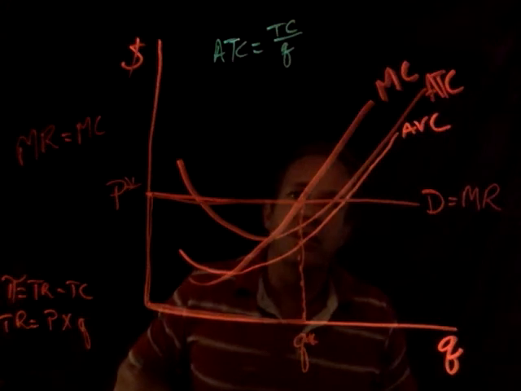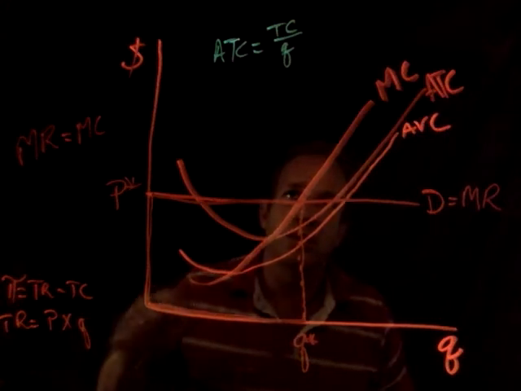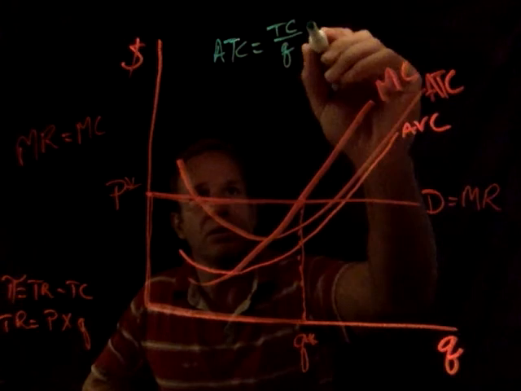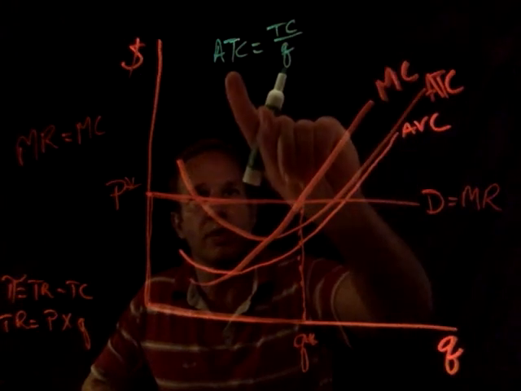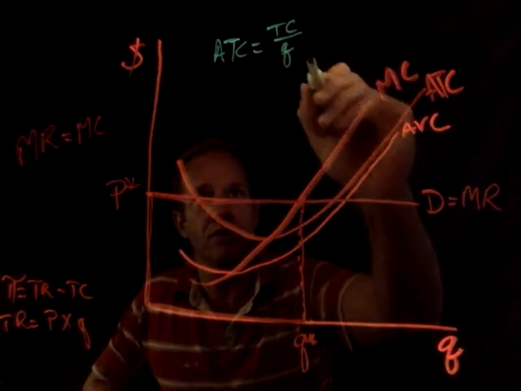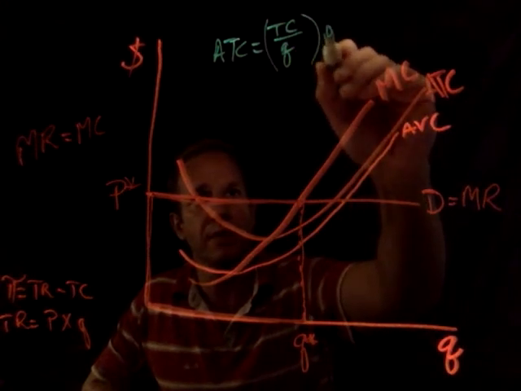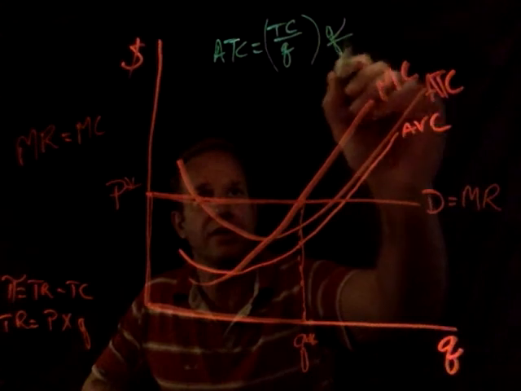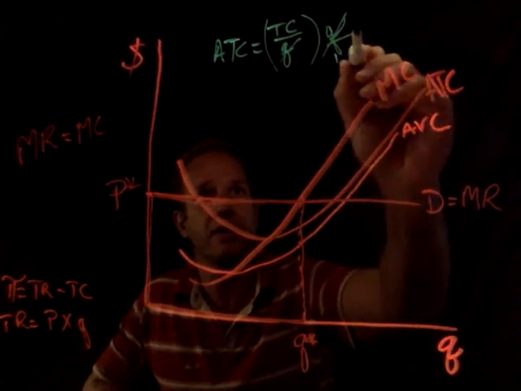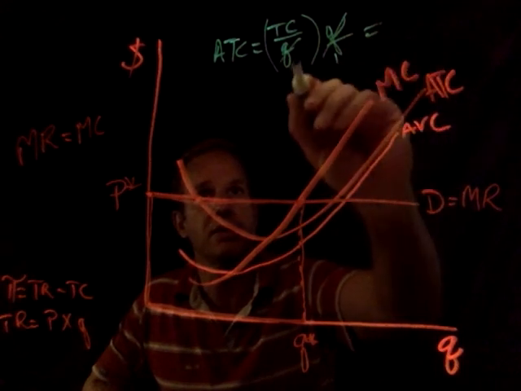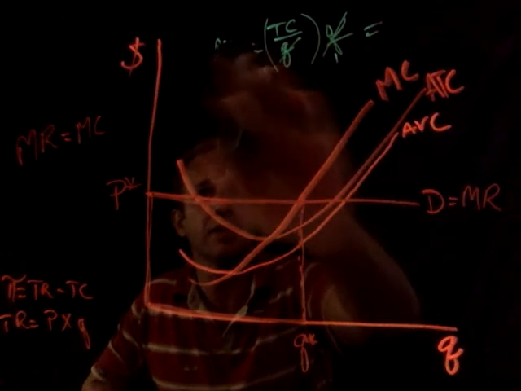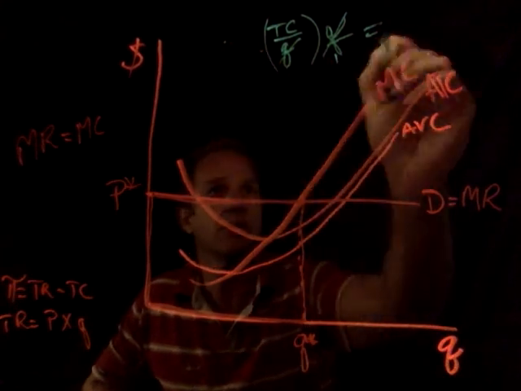So if I'm interested in total cost, my cost per unit, or my average total cost, what happens when I multiply by my quantity? This is like having a 1 there. This cancels out, and I'm left with total cost.